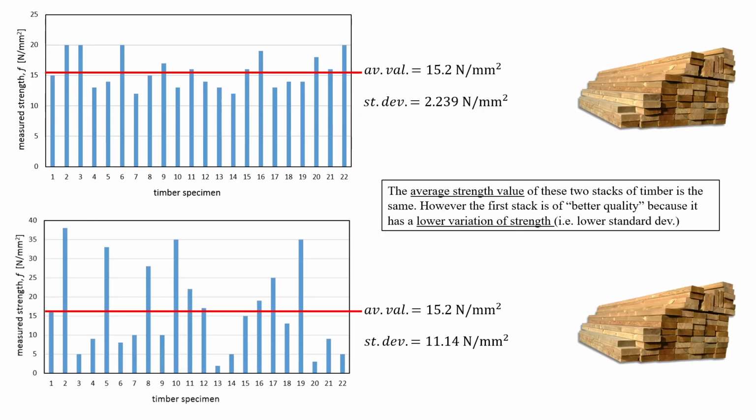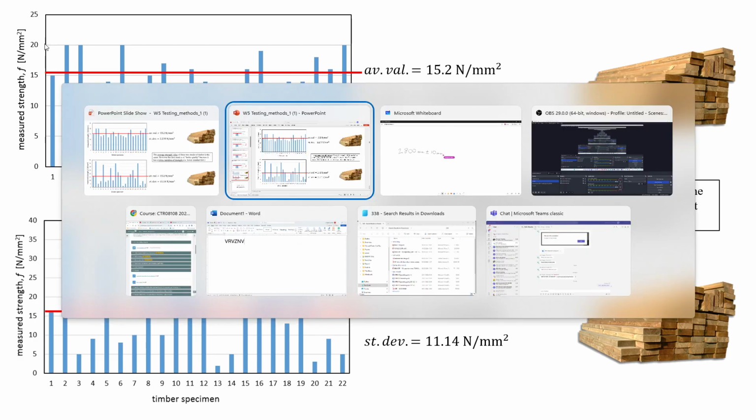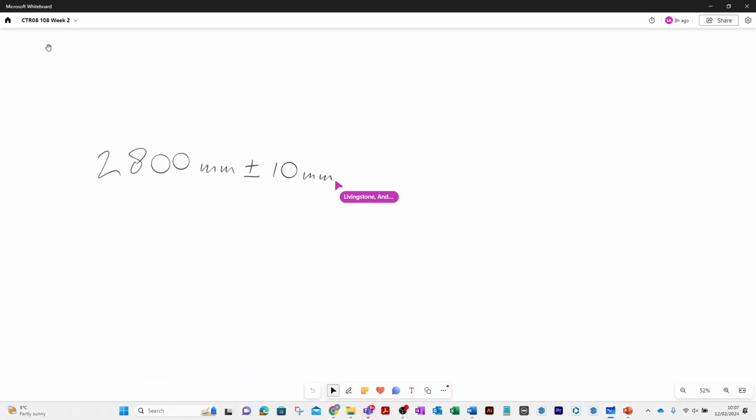When we've got an average value of 15.2, plus or minus 2.25, I think it was, newtons per millimeter square.